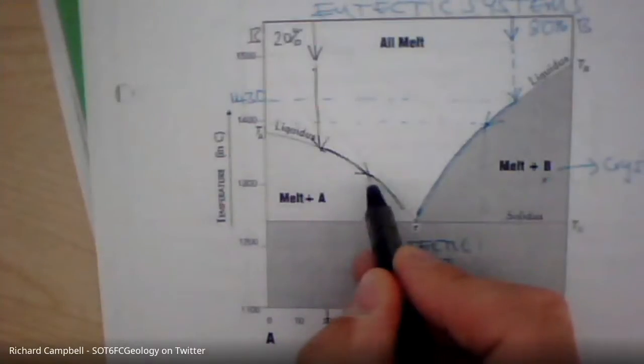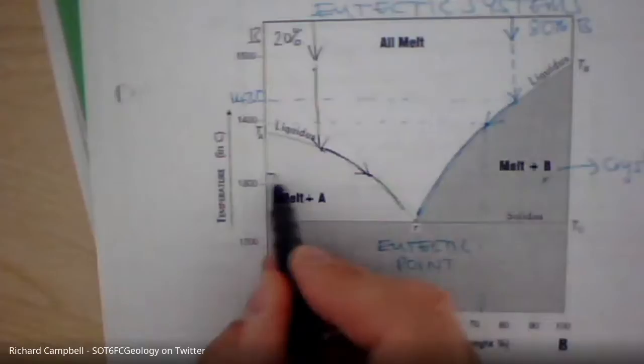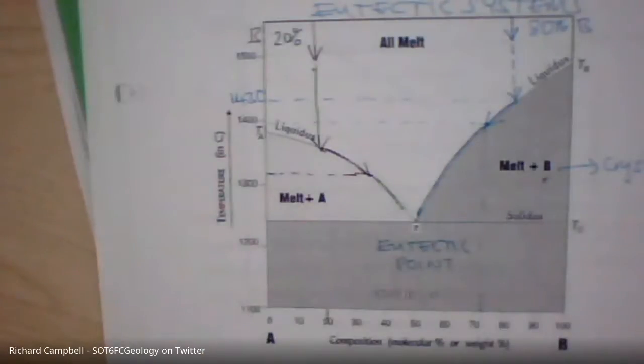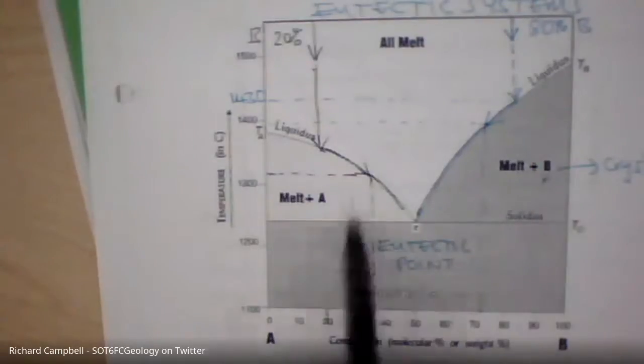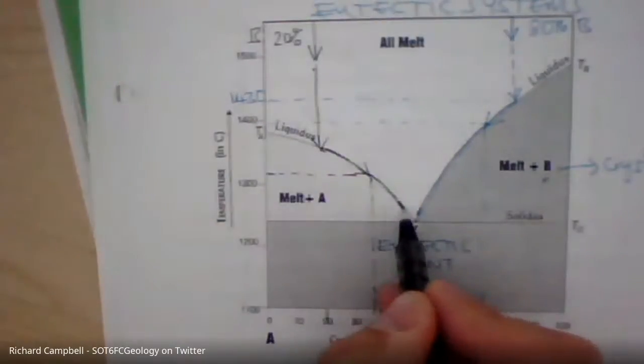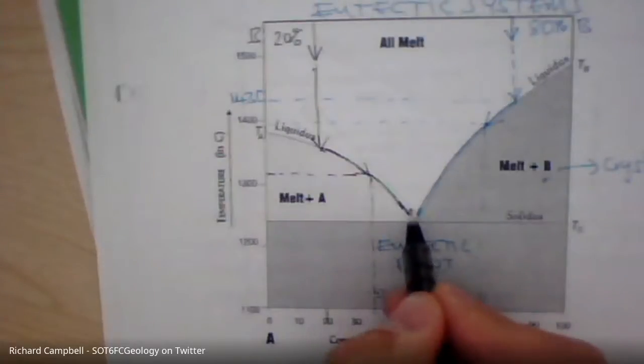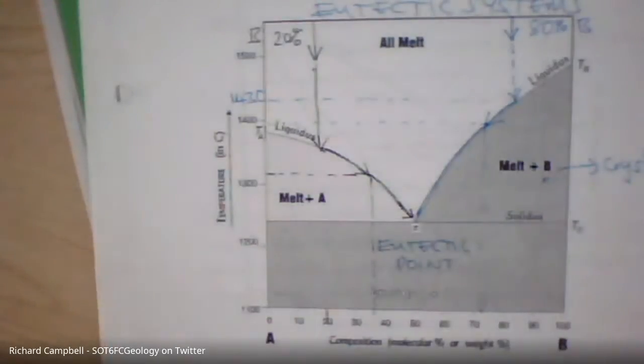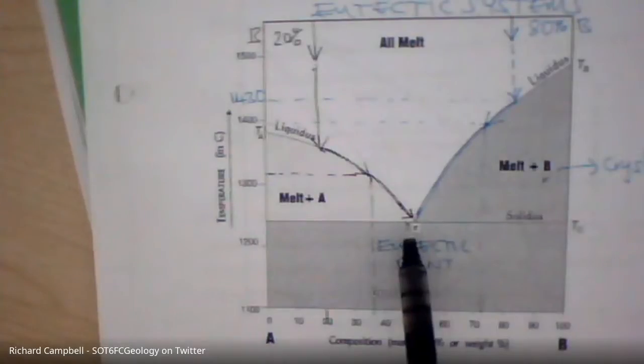At this point here, at, say, about 1320 degrees Celsius, we would have a composition of about 36% mineral B. So you can see that we've become depleted in mineral A. Obviously, that will continue to move down until we get to the eutectic point as well.